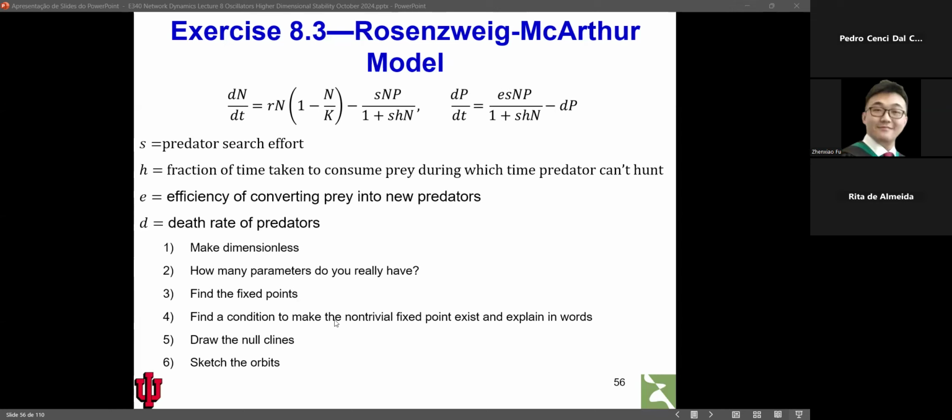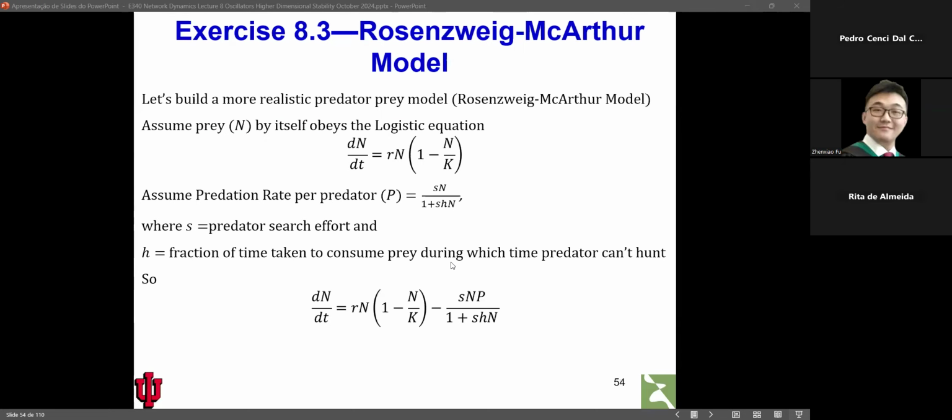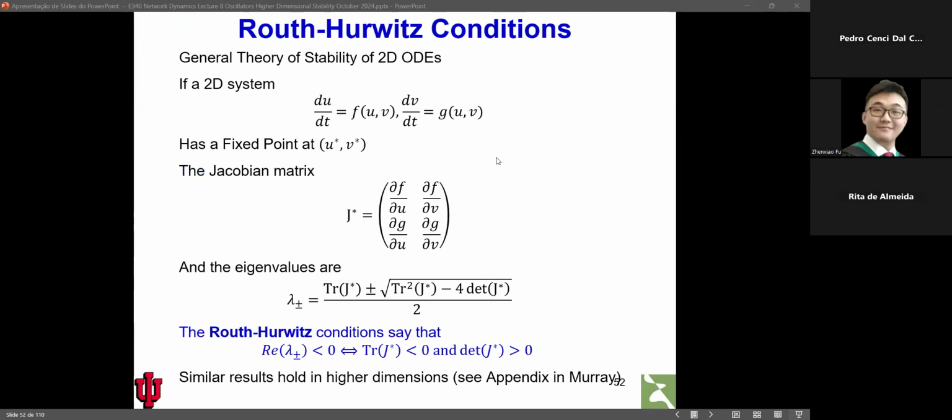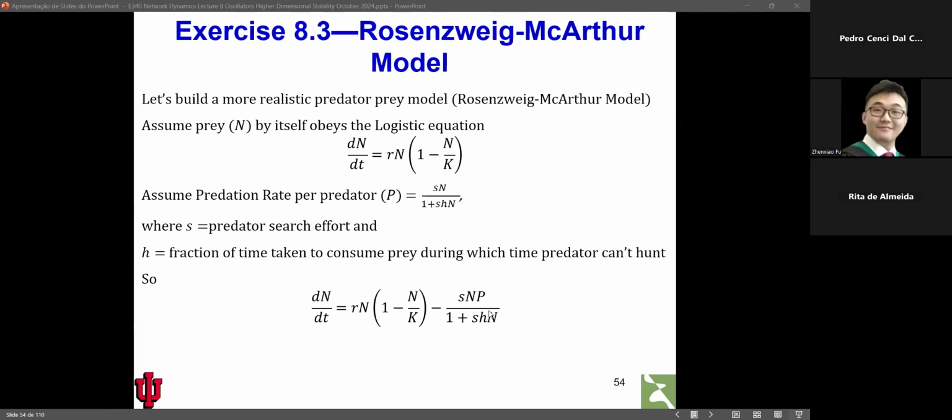Then find a condition to make the non-trivial fixed point exist and explain in words, which means that you have to calculate the Jacobian, and then the trace and the determinant of the Jacobian, and then you can use this Hurwitz condition, which is what they are saying here.